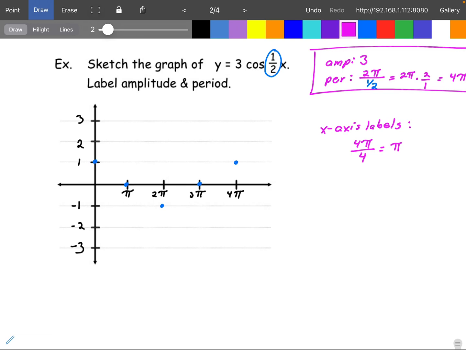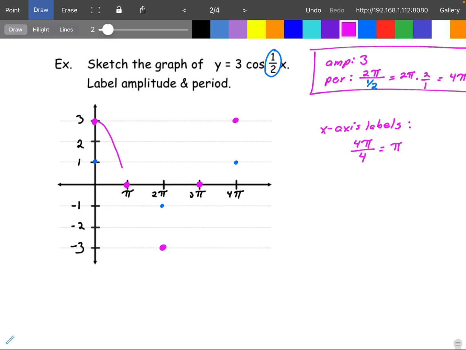But since our amplitude is 3, then that means it's actually going to start at 3, still goes back to 0, then it goes down to -3, back to 0, and then up to +3.